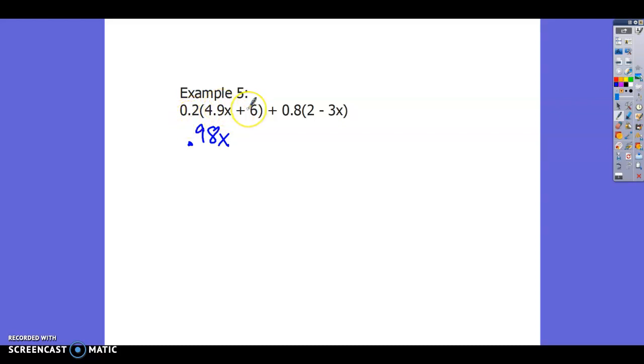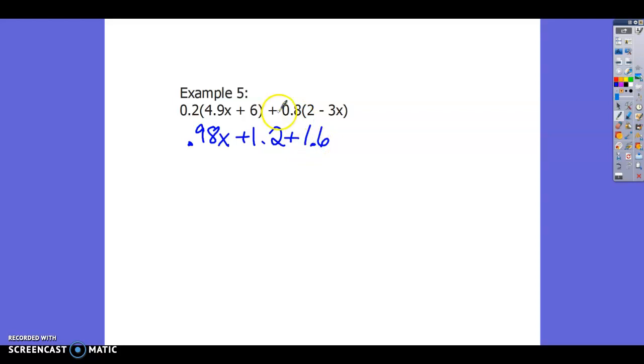And then 0.2 times 6 is plus 1.2. And that should make sense because 2 times 6 is 12, and then we have one decimal place. All right, and then we've got 0.8 times 2. 2 times 8 is 16, and we have the one decimal place, so it's 1.6.